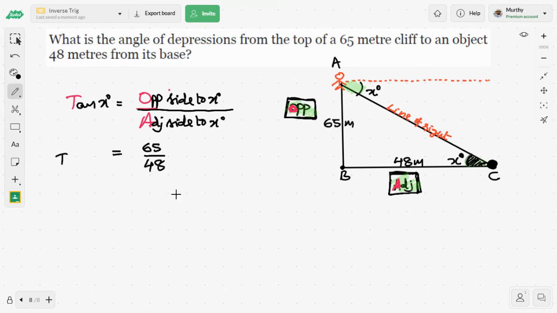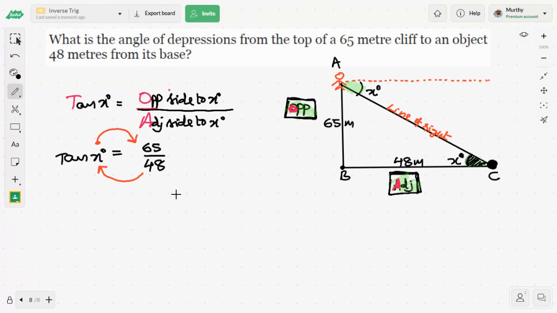Okay, tan x degrees. This is slightly different from the previous questions we discussed earlier. What you have to do is, again I'm repeating, x is to be taken to the other side, and whatever the value, let it be a decimal or a fraction or a whole number, these two values are to be swapped.